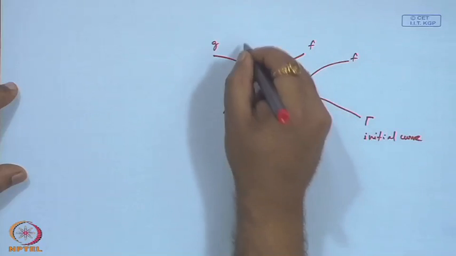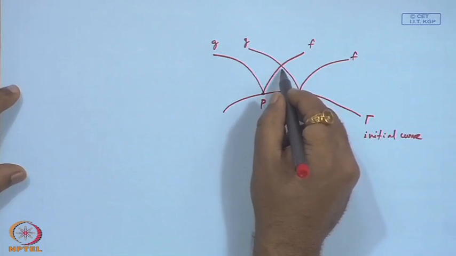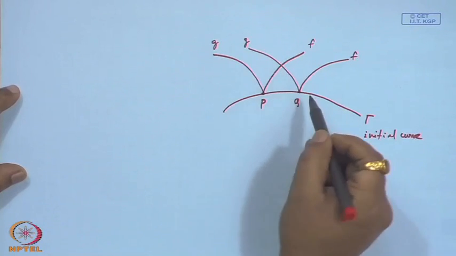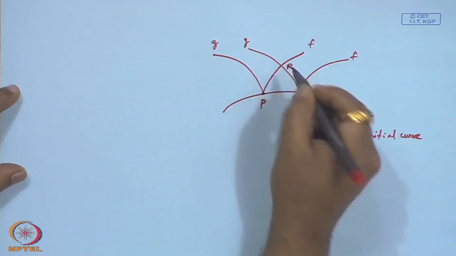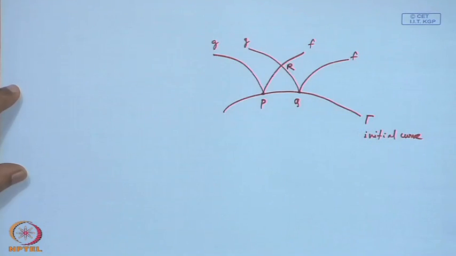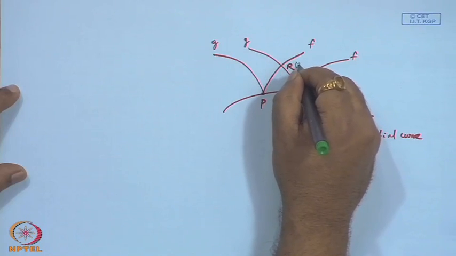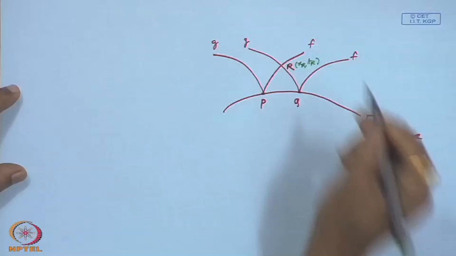What you could see, the f characteristic of P and g characteristic of Q, they are intersecting at R. And what is this point? R is x r, T r.